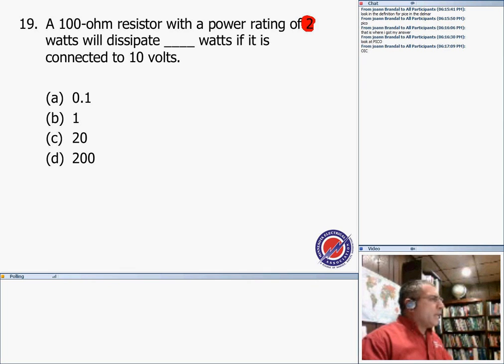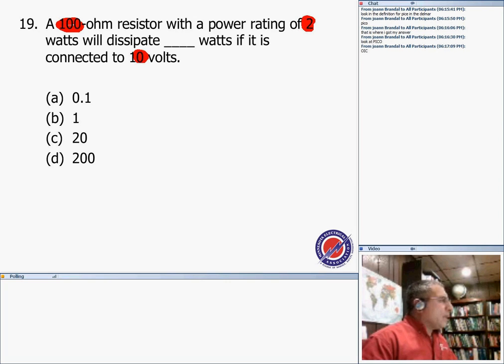We have a 100 ohm resistor with a power rating of 2 watts. What will it dissipate if it's connected to a given voltage? Here's what the power is rated for, guys.